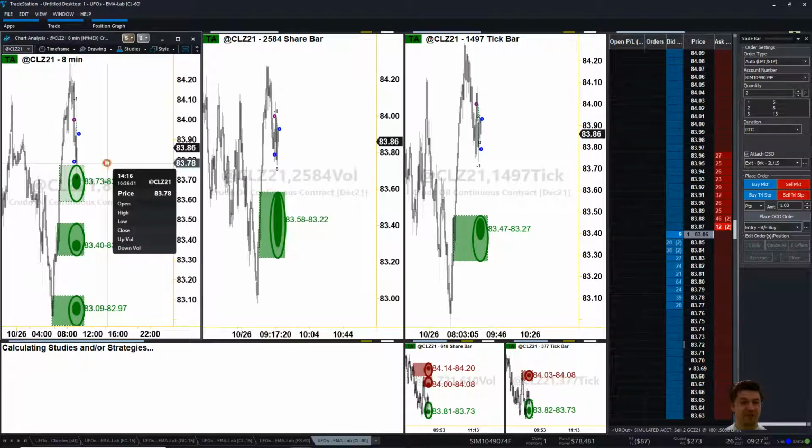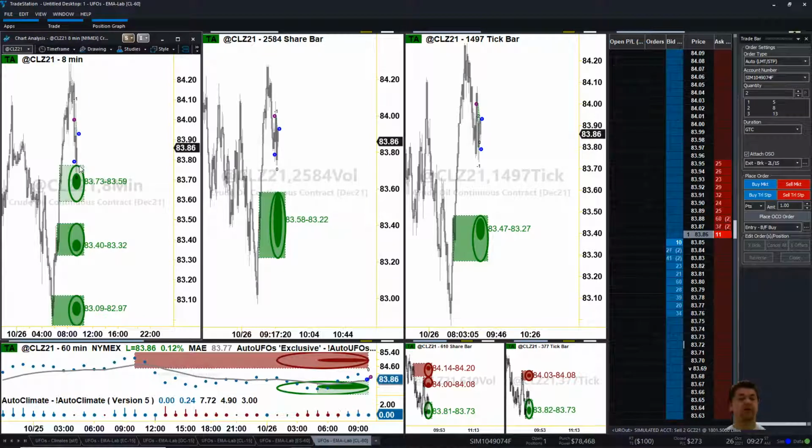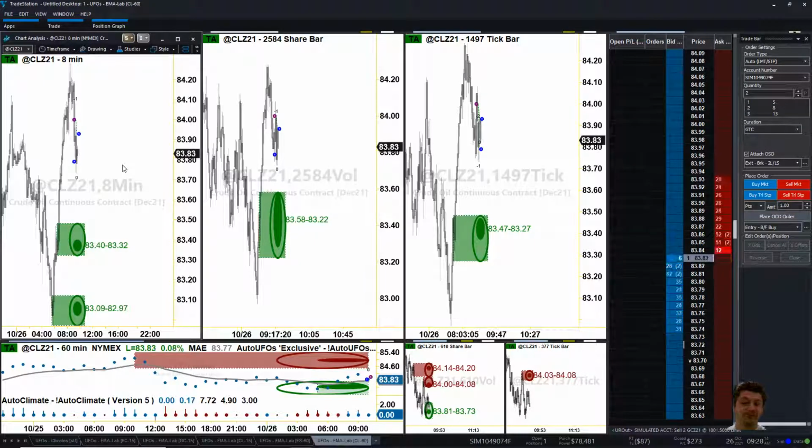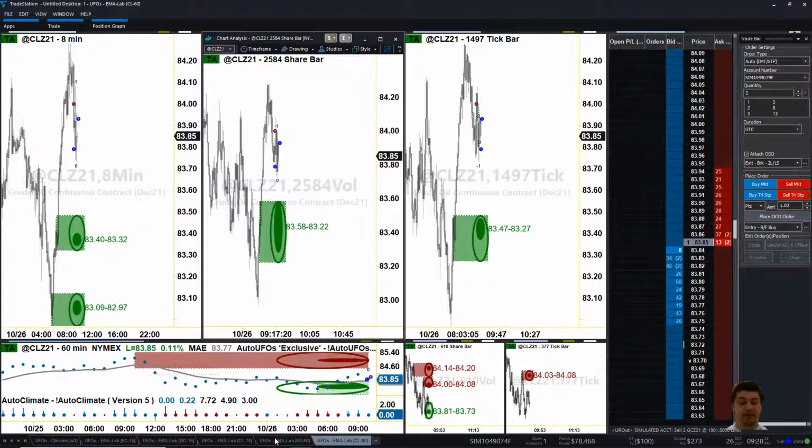So this UFO was actually the entry point. Where we sold our T1, right in front of it was a UFO on the 8-minute time frame that corresponds with the climb of the 60-minute time frame. So this is just another point in fact that sometimes the bigger time frames do end up winning. And now the UFO disappeared. So we might not have a trade set up just yet.